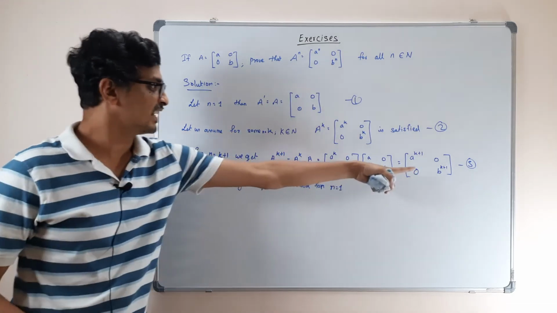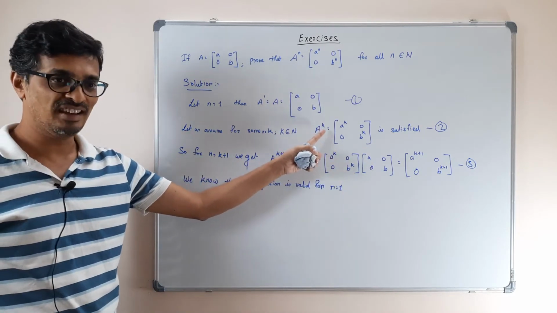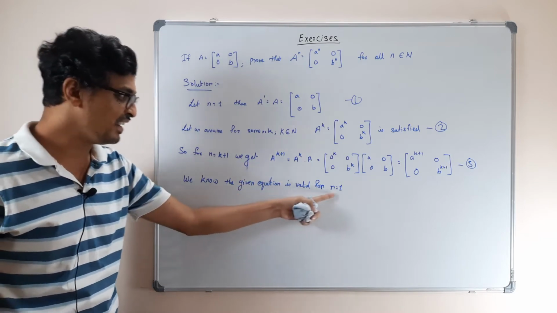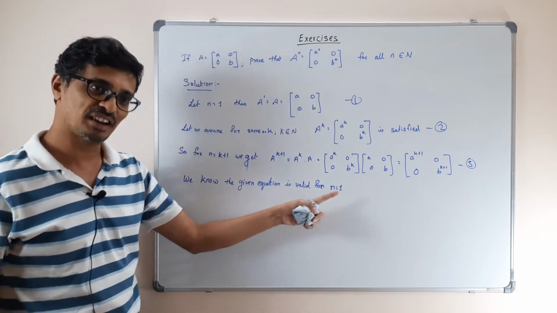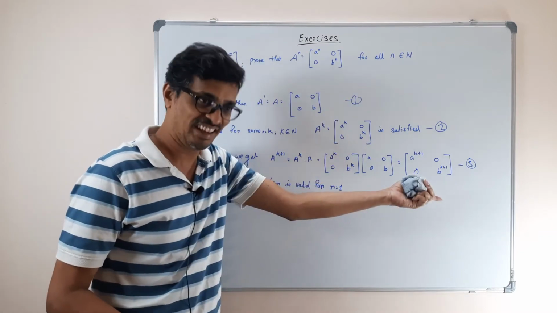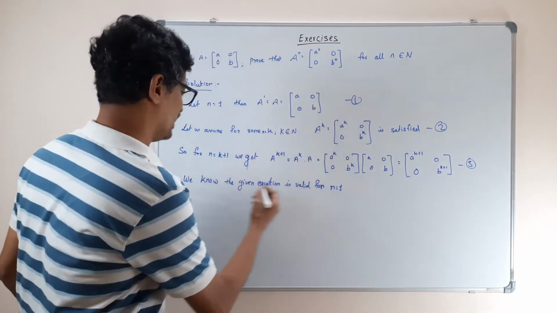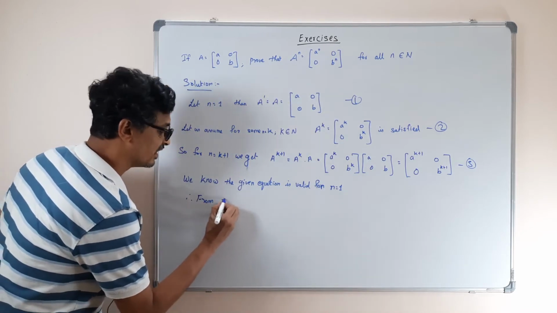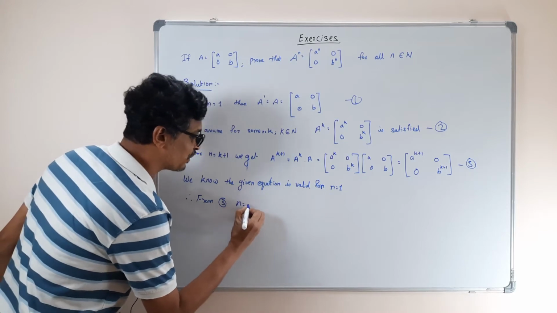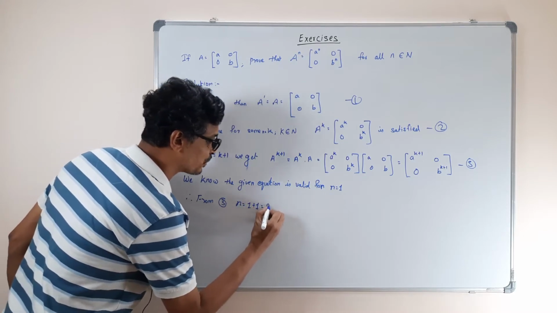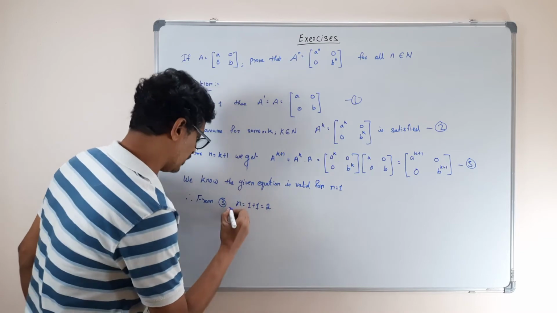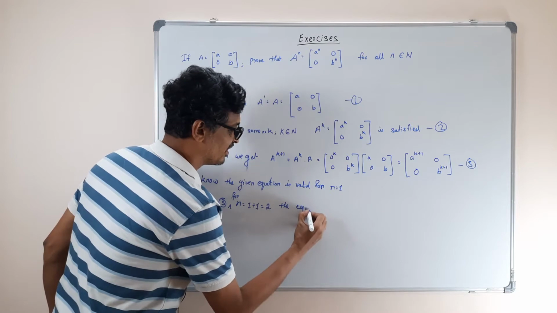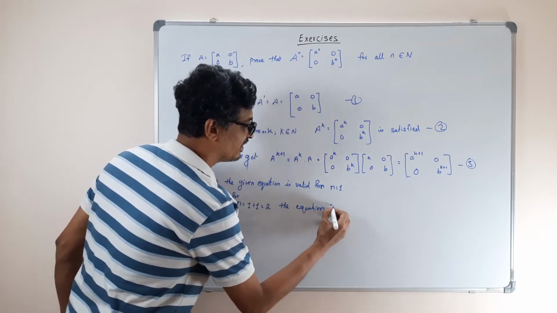Now the third condition says for any k, if it is valid, then for k plus 1 it is also valid. Am I right? So if n equal to 1 is valid, that means for 1 plus 1 is also valid, correct? So therefore, from 3, n equal to 1 plus 1, that is equal to 2, the equation is valid.